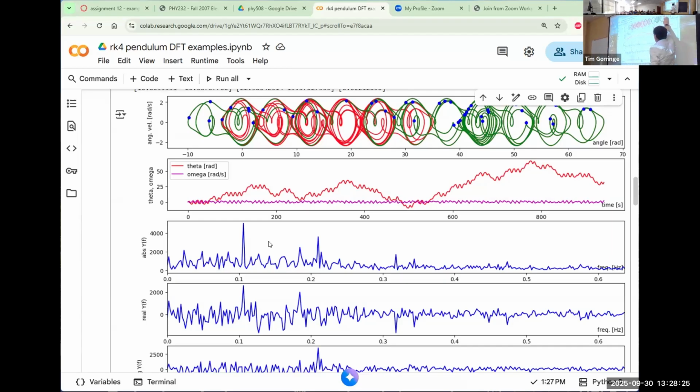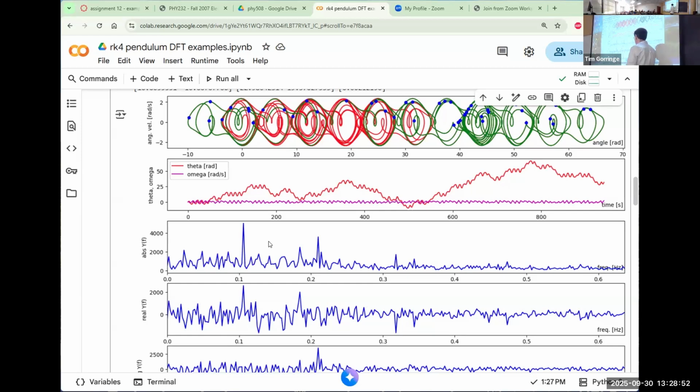So these are the phase space plots, theta and omega, for gamma of 1.19, and at 1.19 the motion is chaotic. In green, this is the transient, and this is supposedly the steady state region.